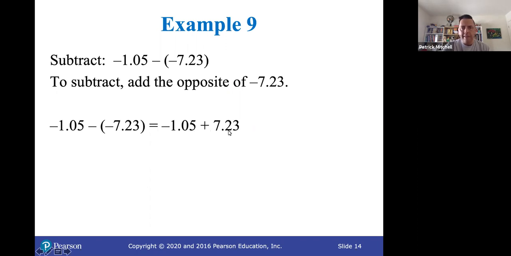Ignore the signs and subtract. 7 and 23 hundredths minus 1 and 5 hundredths is 6 and 18 hundredths. And the winner gets to pick the sign. The winner is 7 and 23 hundredths. In the addition problem, I'm sorry, that number is positive. So that's why the answer is positive. Okay.